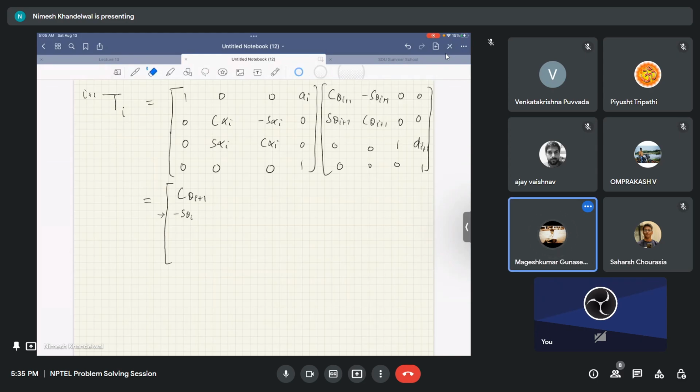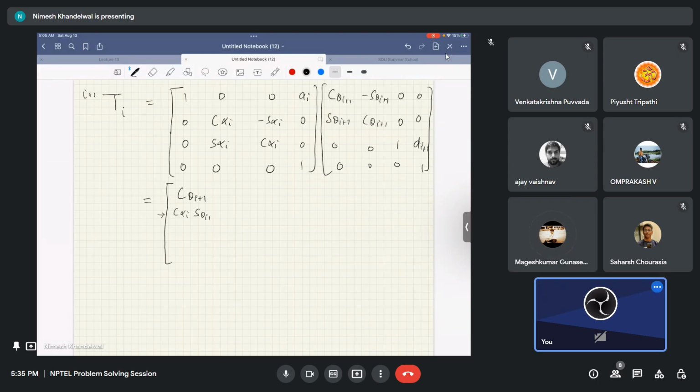It should be cos alpha I sine theta I plus 1. Sine theta I plus 1. And the third element, similarly, is sine alpha I and sine theta I plus 1.